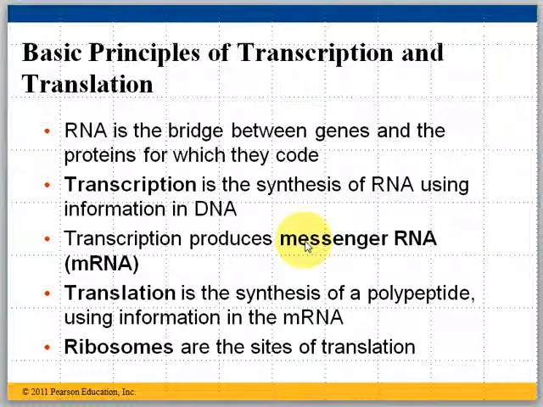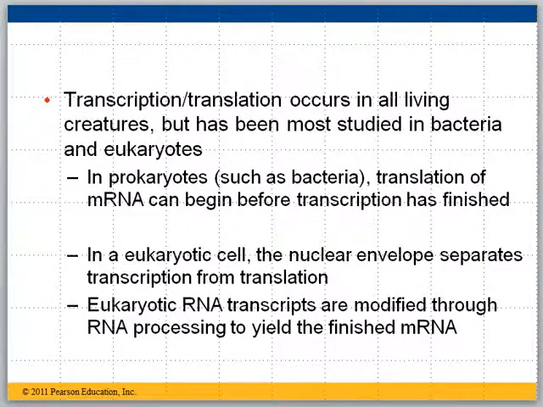In DNA we have A, C, G, and T, but in RNA we have A, C, G, and U. Uracil replaces thymine. So in RNA there is no thymine. Instead, the nitrogenous base that combines with adenine is uracil. So those are the differences between the two, but they are both nucleic acids.